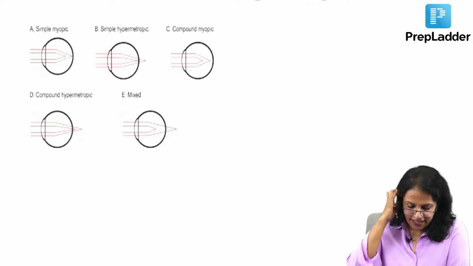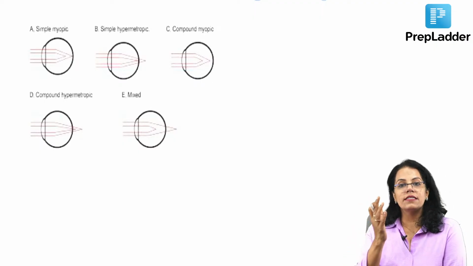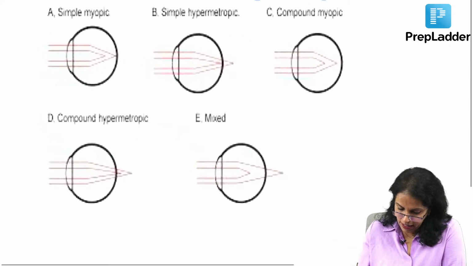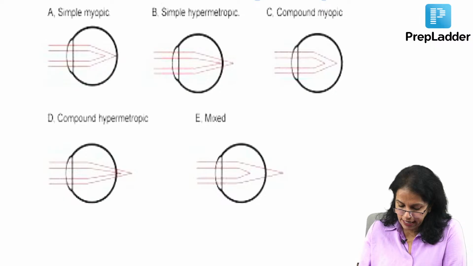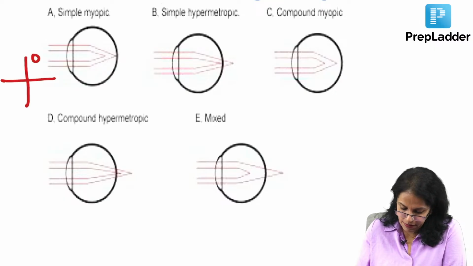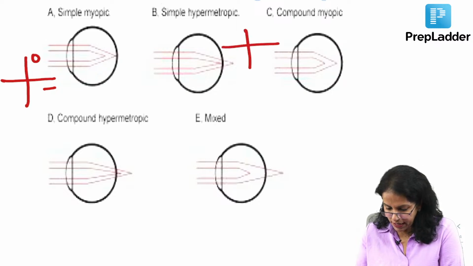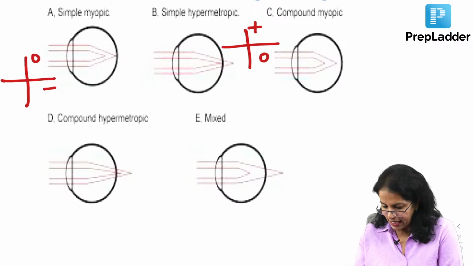Very good. You all are answering well. Revise this. This is what? Different type of astigmatism. I hope you know this very well. Simple myopic means one axis is emmetropic and one is myopic. Or simple hypermetropic, any axis could be this and one axis is this, it could be any axis.